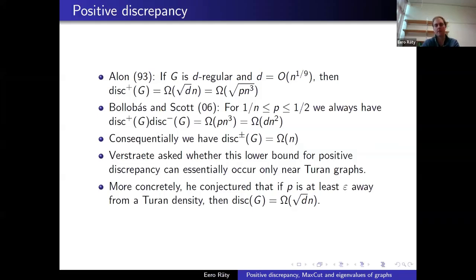Okay, so the first theorem concerning one-sided discrepancy was proved by Alon in 1993. For d-regular graphs, when d is quite small, at most n to the 1/9, he proved that basically the random graphs are the best, so they minimize the positive discrepancy. If you sum over the discrepancies of all the subsets, you get 0.